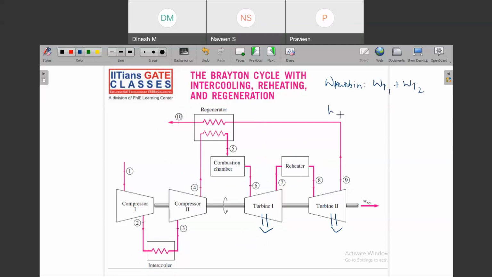What is the work of compressor? Compressor 1 plus compressor 2. What is Q supplied? Q supplied is Q in the combustion chamber plus Q in the reheater. So don't forget to look after these magnitudes. Okay.